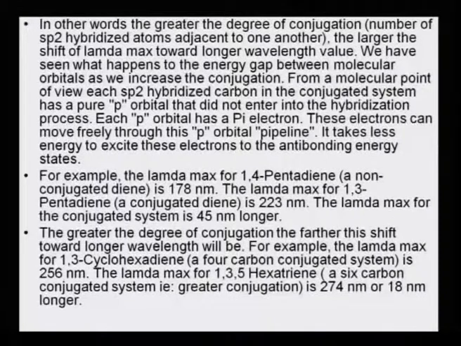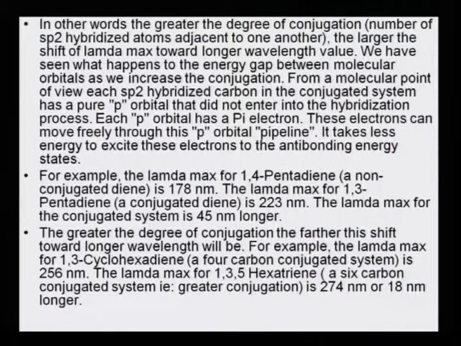In other words, the greater the degree of conjugation, which means the number of sp2 hybridized atoms adjacent to one another, the larger the shift of lambda max. Obviously, more and more excitation, so the lambda max becomes larger, which requires less energy.